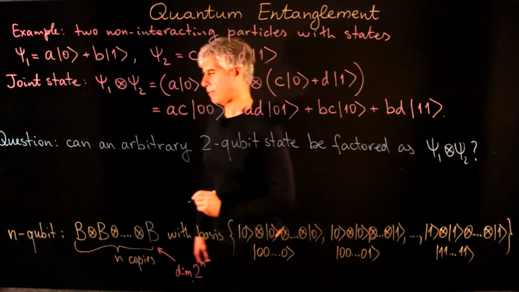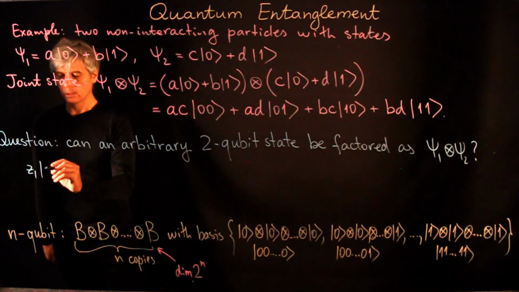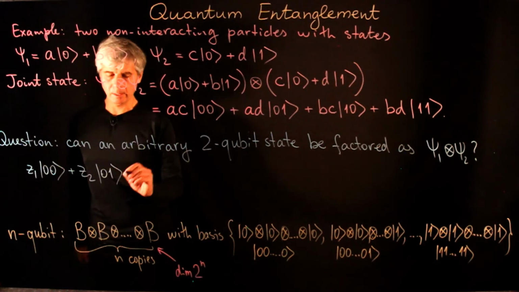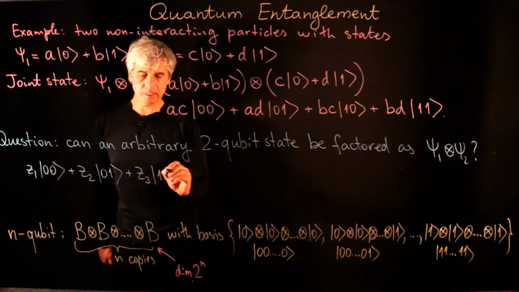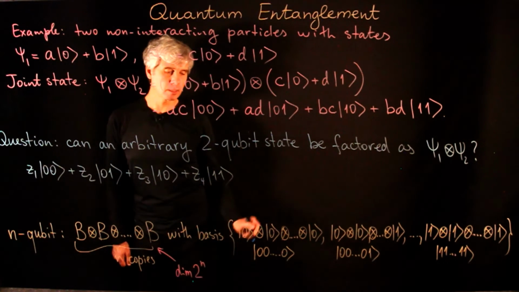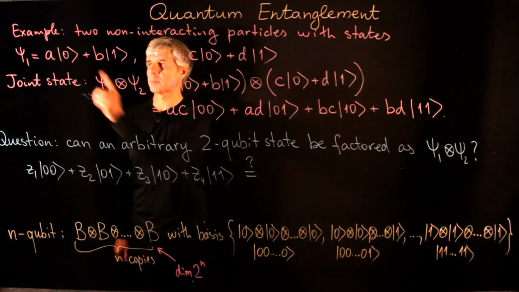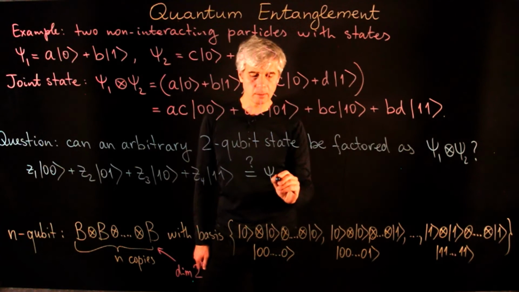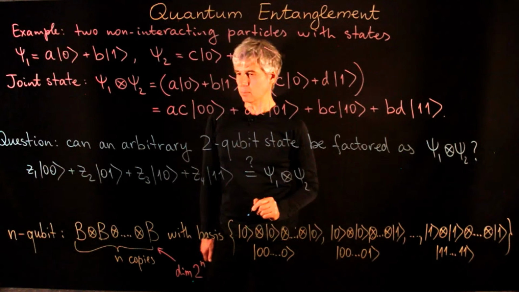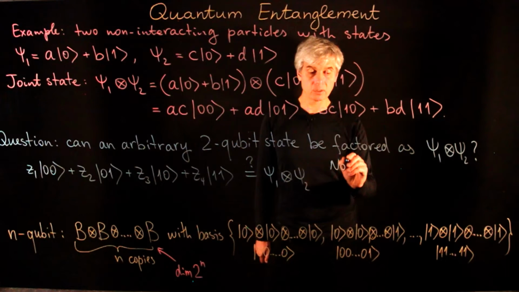So if we have a state, say, z1 times 0, 0 plus z2 times 0, 1 plus z3 times 1, 0 plus z4 times 1, 1, can we find two one-qubit states, psi1 and psi2, so that this becomes psi1 tensor psi2? And it turns out that the answer to this question is negative. So the answer is no.